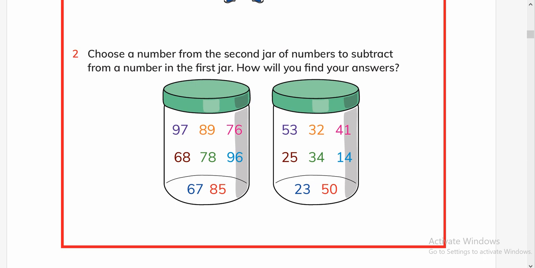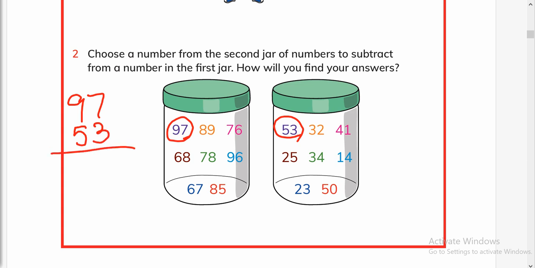Number 2. Choose a number from the second jar of the numbers to subtract from a number in the first jar. So pick a number from here, 97, and subtract 53.